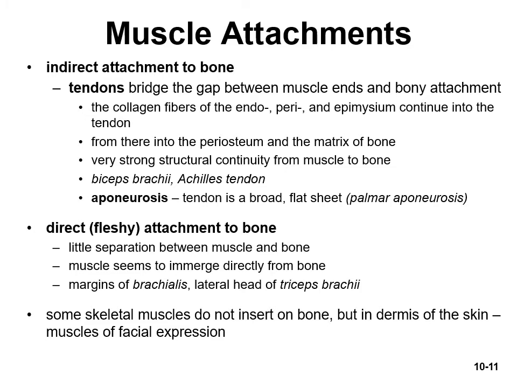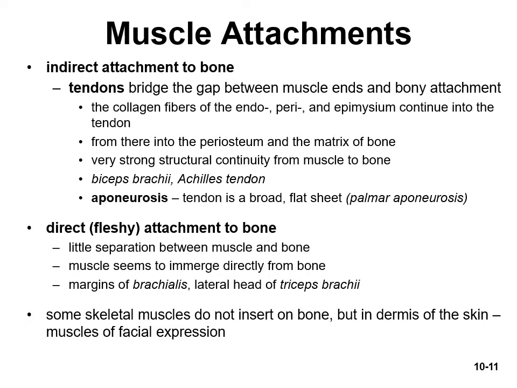There are 2 methods of muscle attachment. You can have indirect or direct attachment to a bone. Indirect attachment is where there is an accessory structure, a tendon, bridging the gap between the muscle ends and the bony attachment. In a tendon, the collagen fibers of the endo, peri, and epimysiums are continuous through the end of the muscle and actually blend into the connective tissue of the tendon.